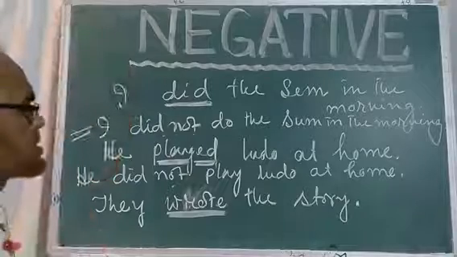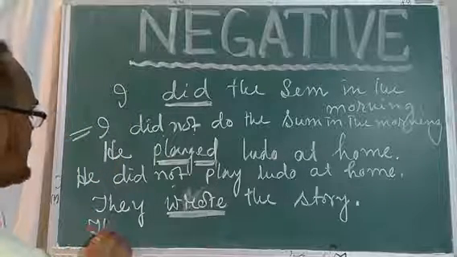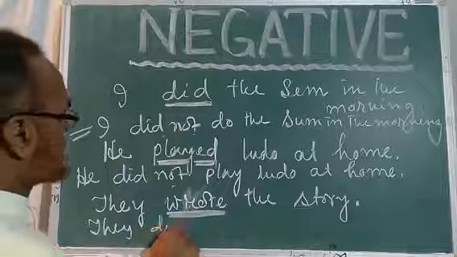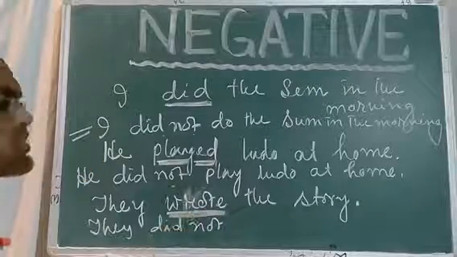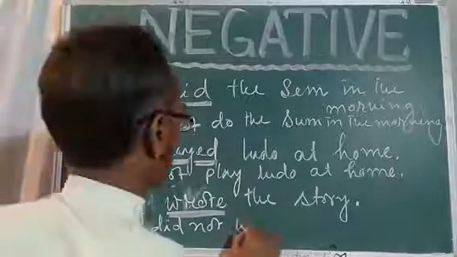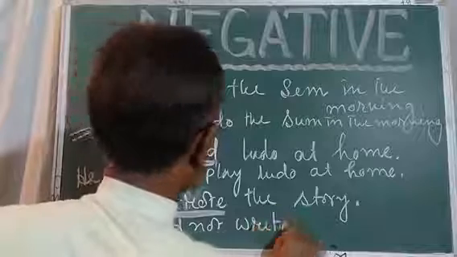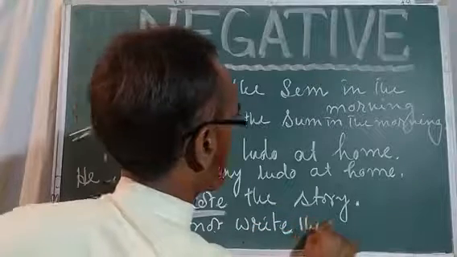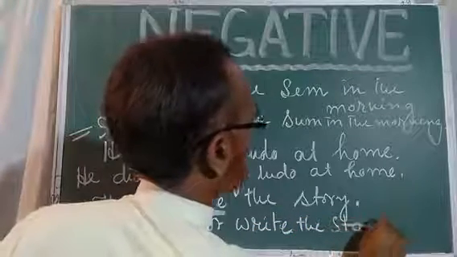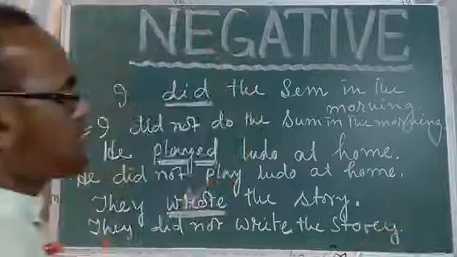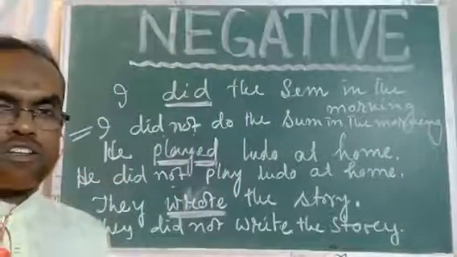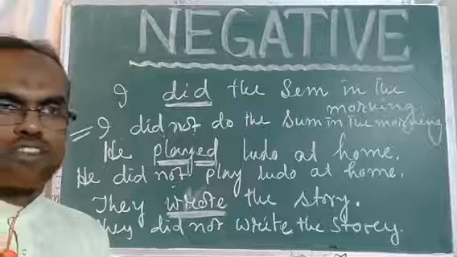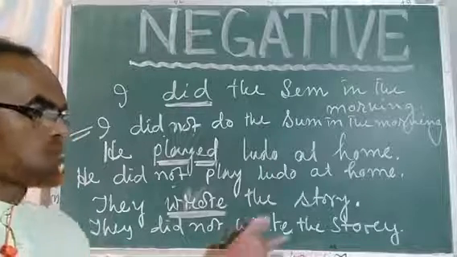In the third sentence, they did not write the story; past tense is wrote, and present tense is write. Thus we can turn a sentence of past indefinite tense into negative.